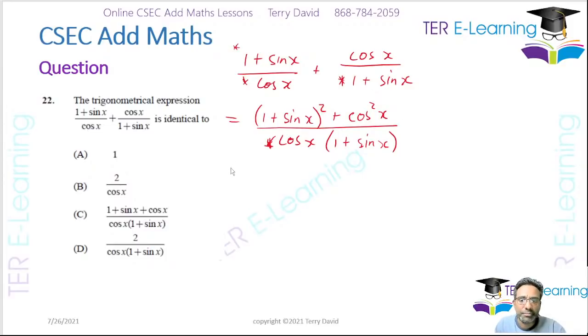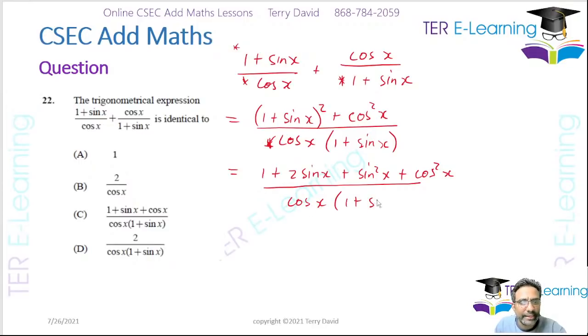Right? So let's see if we could simplify that top part now. The top part is going to be 1 plus 2 sine x plus sine squared x plus cos squared x, all over, can't do anything with the bottom, so leave it as is. So this is cos x by 1 plus sine x.